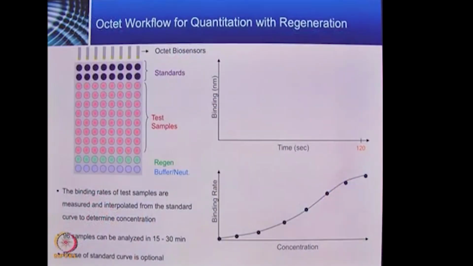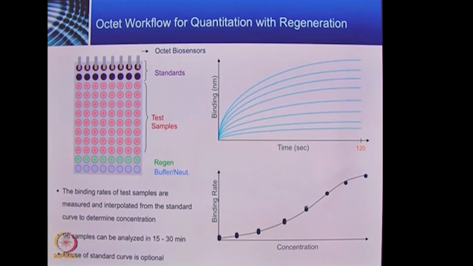When we are doing a quantitative analysis, the first step is to generate a standard curve. During the setup, the biosensor is first dipped into the wells which contain the standards.